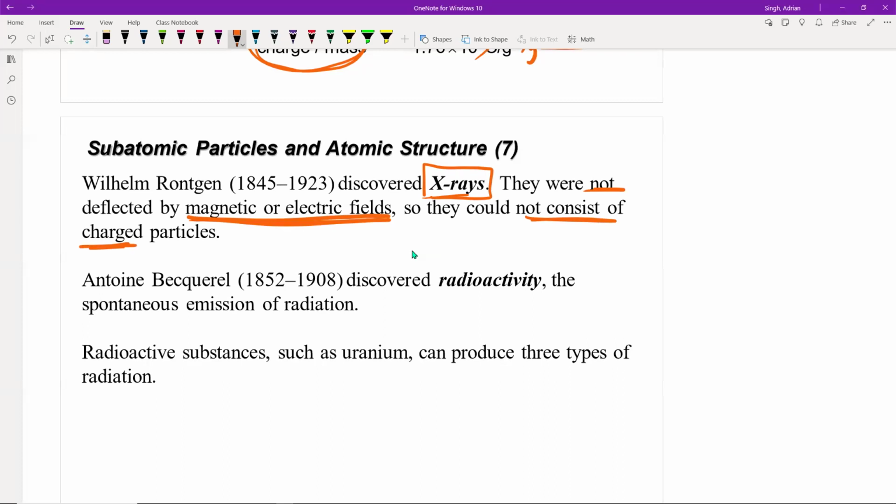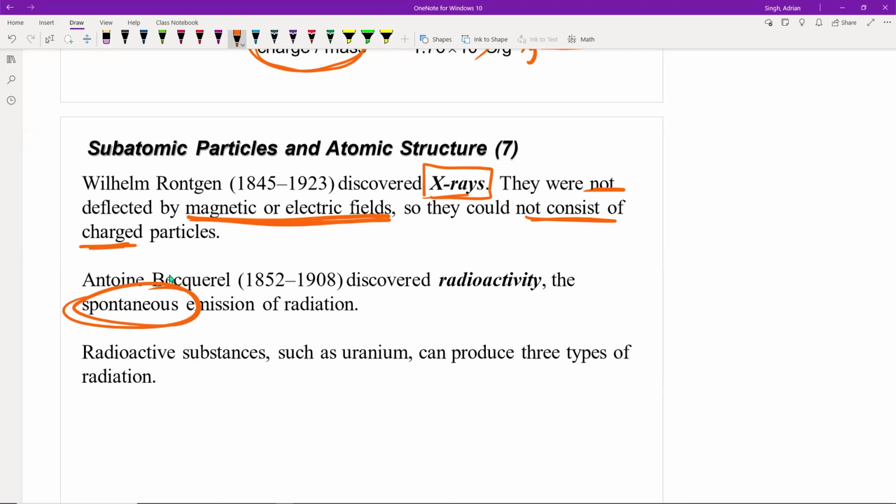Becquerel, also around the same time, discovered something known as radioactivity, which is just the spontaneous emission of radiation. And unlike X-rays, these were emitted spontaneously, right? With X-rays, you have to actually shine this cathode ray tube onto a glass or a metal, and then the X-rays are ejected.